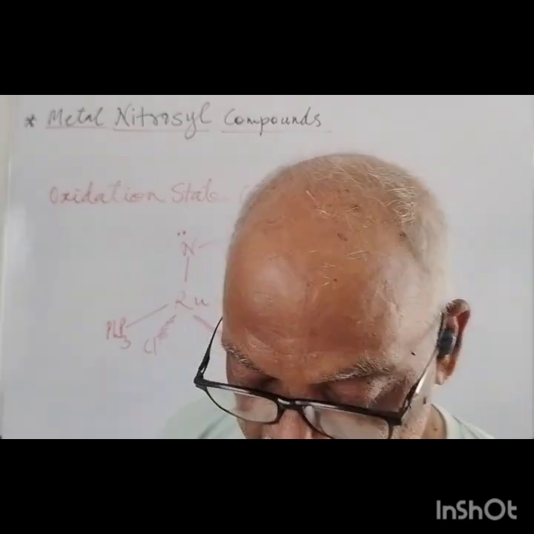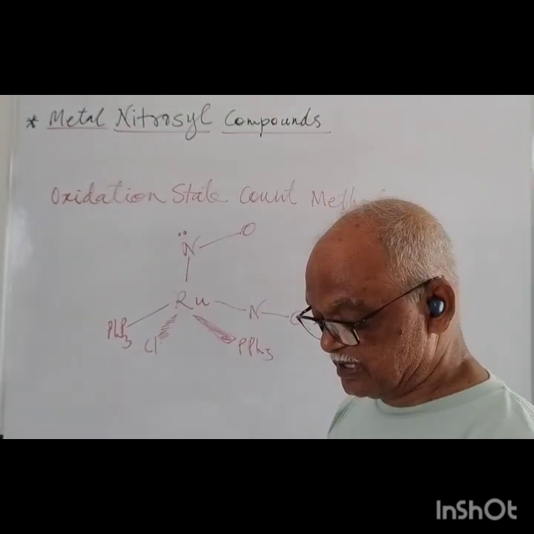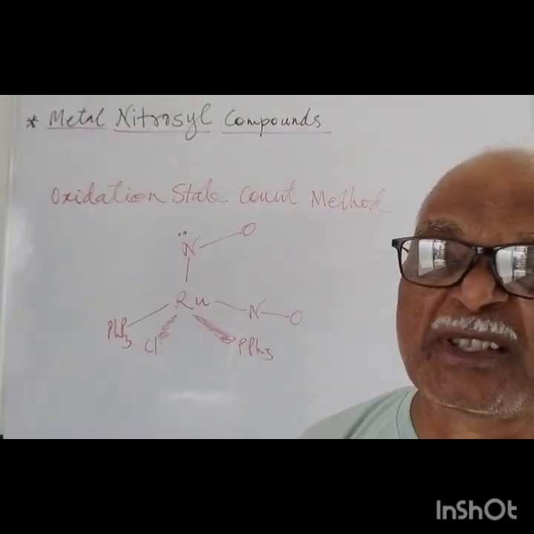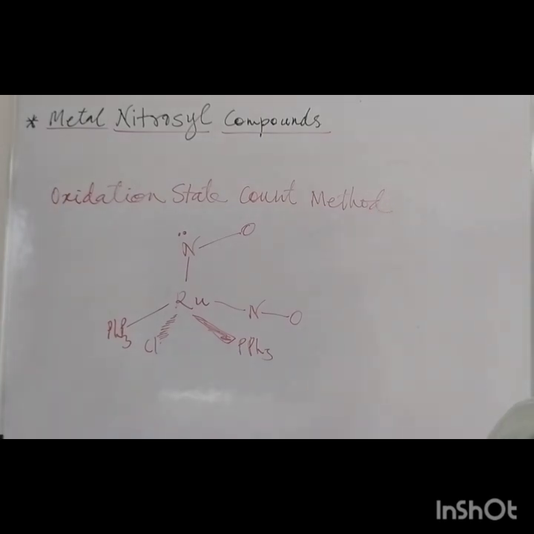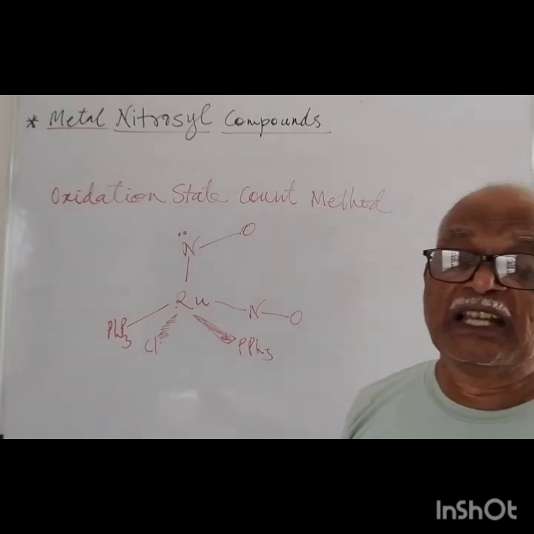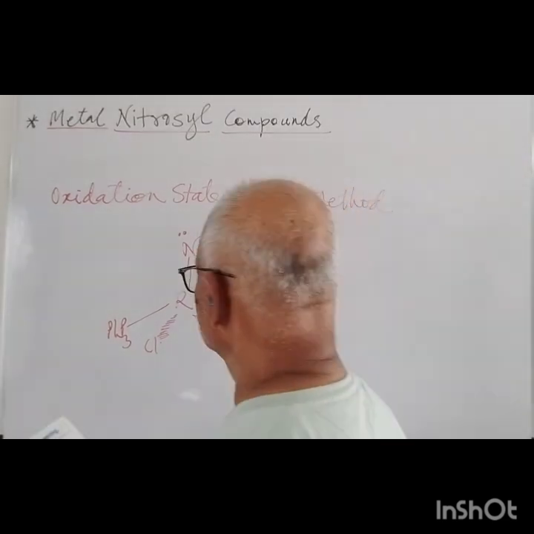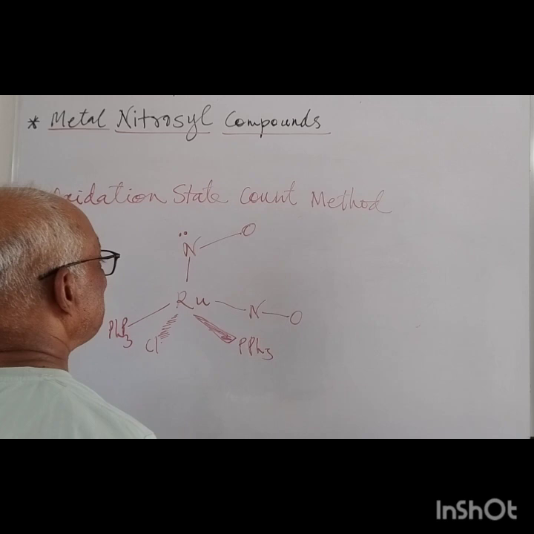So here you will find that there are two types of nitrosyl groups, and these are identified on the basis of infrared absorption data.